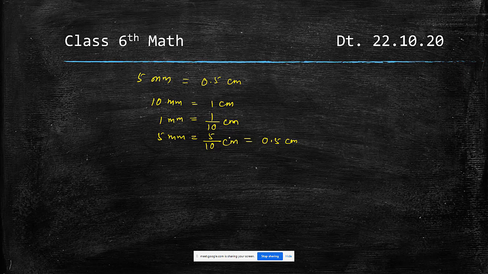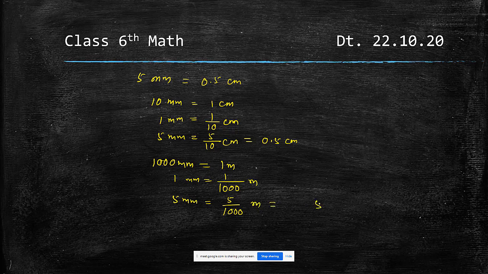Suppose we want to present it in meter. So we know that 1000 millimeter equal 1 meter. So 1 millimeter equals 1 by 1000 meter. So 5 millimeter equals 1 by 1000 multiplied by 5, that is 5 upon 1000 meter.